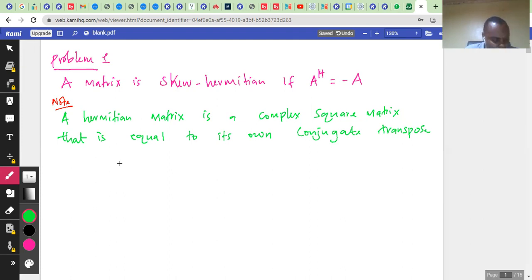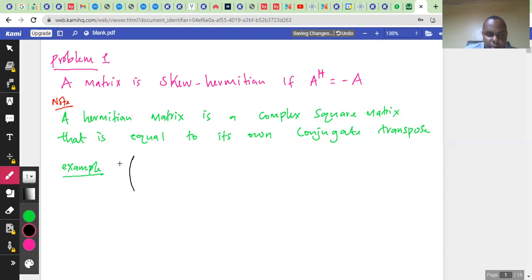So for example, it has to be square. So let's think of a 2 by 2 matrix. It means A^H equals A transpose conjugate.